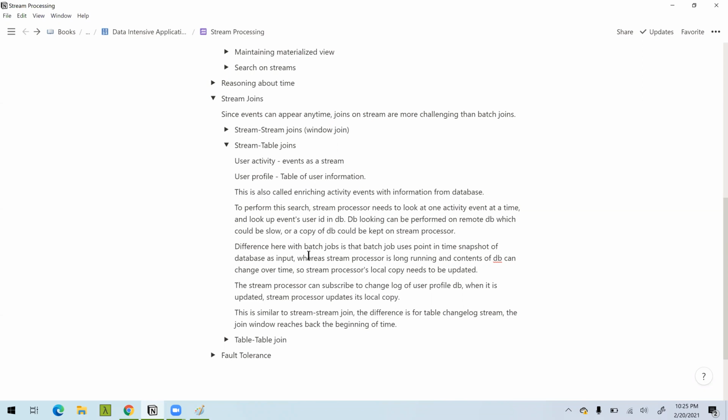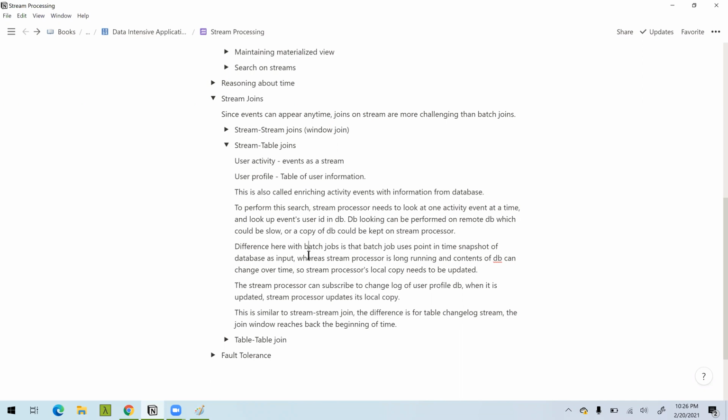And now, if you think about it, it is again similar to stream processing, because in a stream join you have a stream of user activity, and you are also listening to the stream of user profile changes, right? But why we refer to one as a stream and one as a table is that the table has the entire history of data.